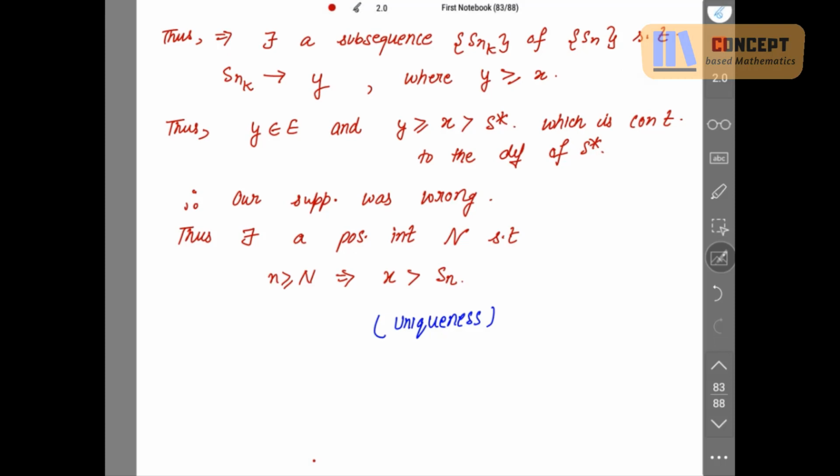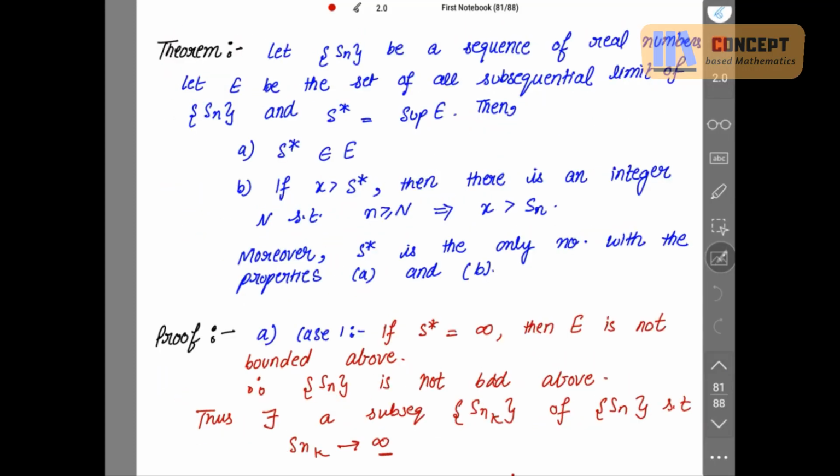Okay, if possible, we are having two real numbers which satisfy these two parts, A and B. Right, we have to prove the uniqueness also.